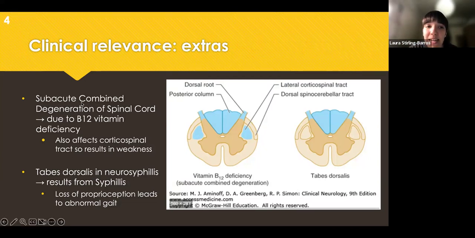But basically, you can get other types of lesions, for example, subacute combined degeneration of the spinal cord, that affects the dorsal columns, but also some of the corticospinal tracts. So this will result in problems with the dorsal column, like proprioception, vibration, touch, but also some motor weakness. And this is due to vitamin B12 deficiency.